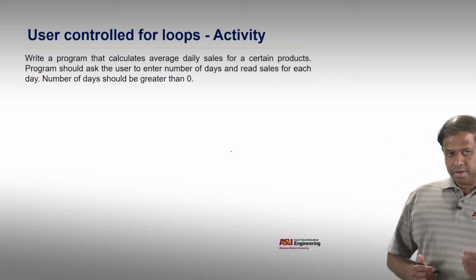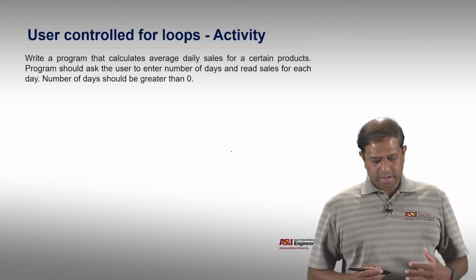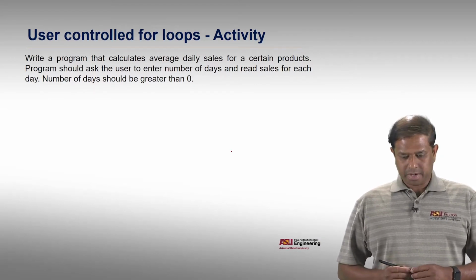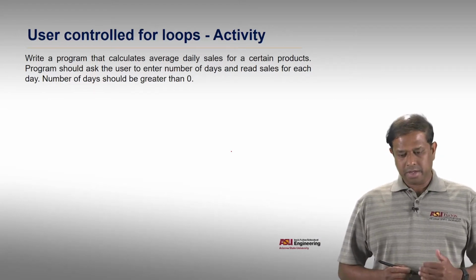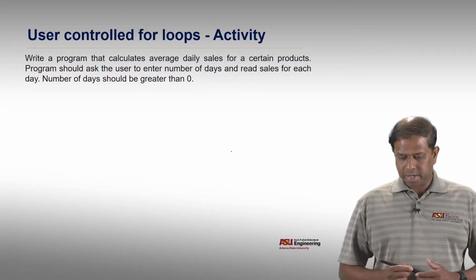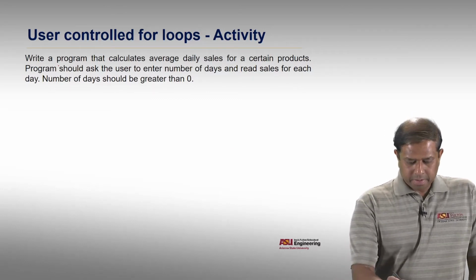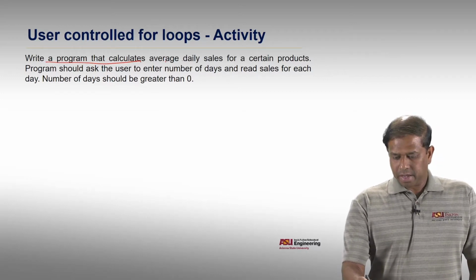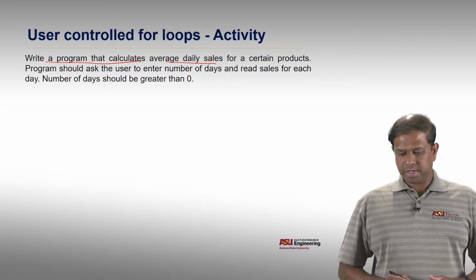All right, so after answering that, I think you all have a good idea about how for loops work. Let's take one more example and see how we can use a for loop in a simple application scenario, where we need to write a program that calculates the daily average sales for a certain product.